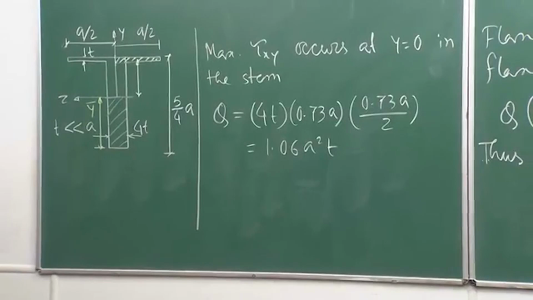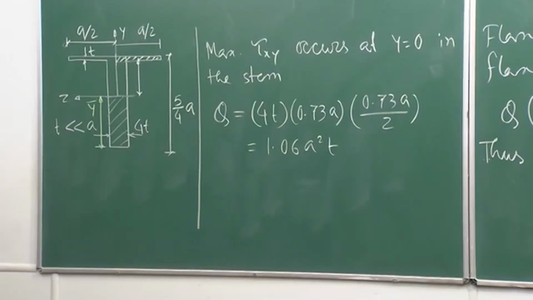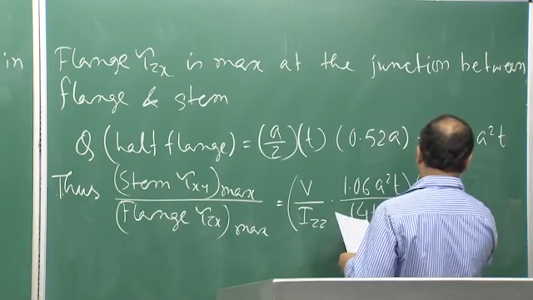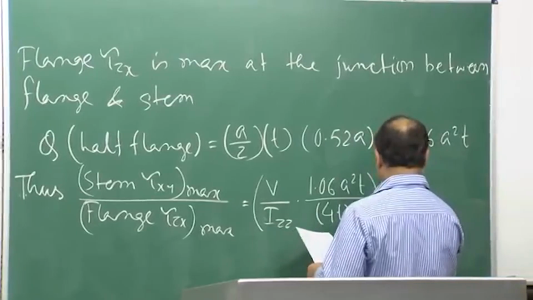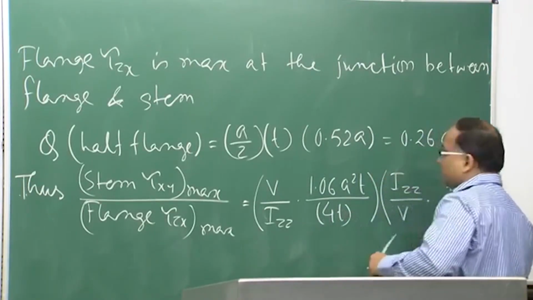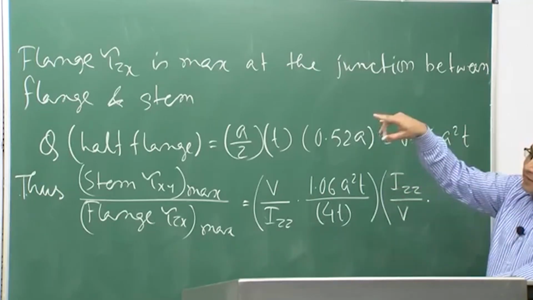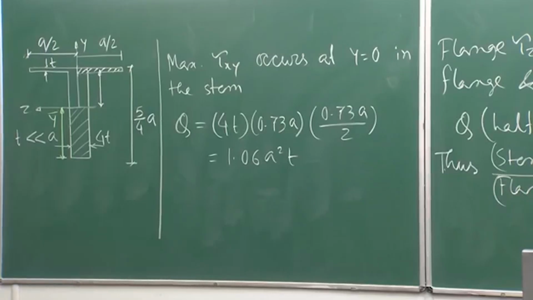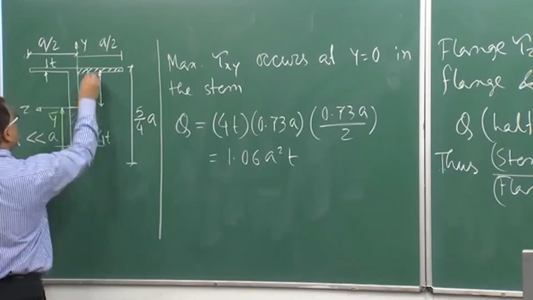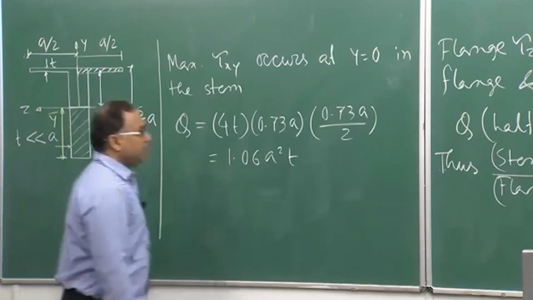If you look at this figure, thickness is 4 t in the stem, divided by Izz for the flange. For the flange, the thickness is t. So, for the web it is 4 t, for the flange it is t.